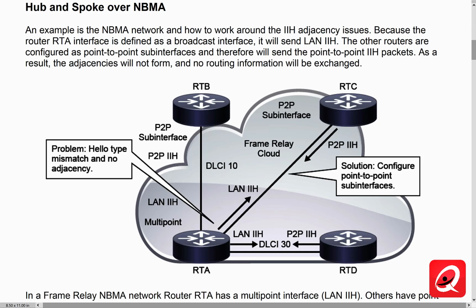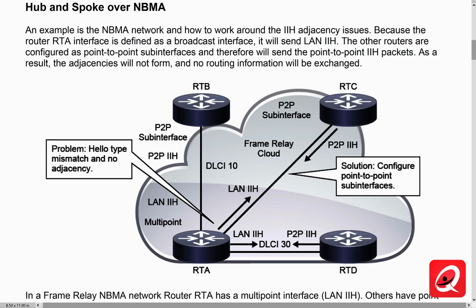In this case, the router A interface is defined as a broadcast interface. It's going to send a LAN hello packet. The other routers are configured as point-to-point sub-interfaces in this example, because this is a point-to-multipoint topology, meaning that all of these routers share a common subnet. They're all part of the same broadcast domain. That's why it's called a multi-access network, because they share the same common broadcast domain.